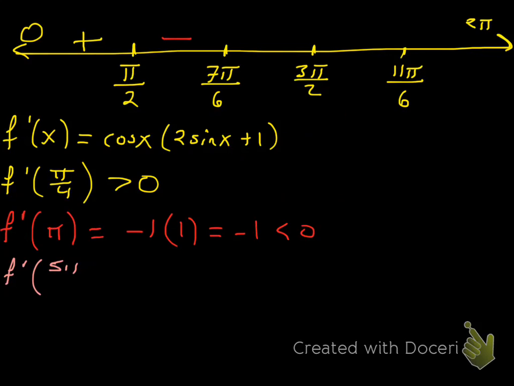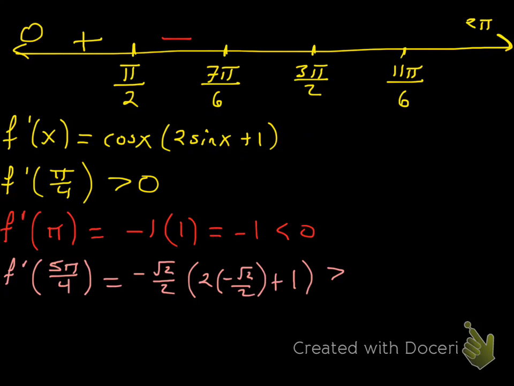Now we'll try something between 7 pi over 6 and 3 pi over 2. So 5 pi over 4 would be good. And that's a 45-degree angle. Cosine's negative in the third quadrant. Same with the sine. Okay. So how I know this is going to be positive is the 2 times the negative root 2 over 2. The 2's are going to cancel. Negative root 2 is larger than 1 in terms of absolute value, so the difference between negative root 2 and 1 will be negative.